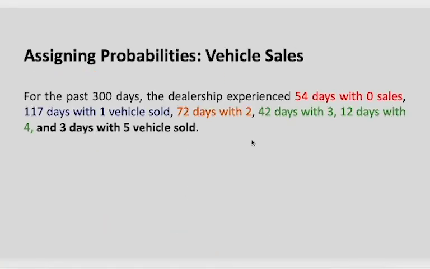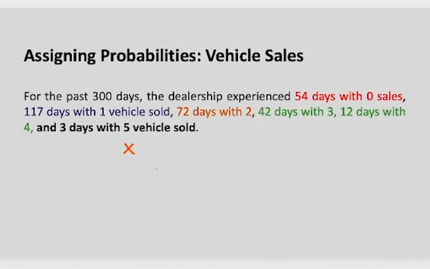The next example we have is vehicle sales. For example, for the past 300 days, a dealership experienced 54 days with zero sales, 117 days with one vehicle sold, 72 days with two, 42 days with three, 12 days with four, and 3 days with five vehicles sold. To make this a probability distribution in a tabular manner, let's start with the variable x.